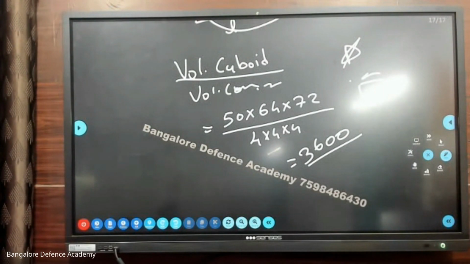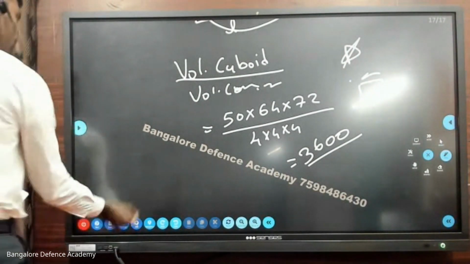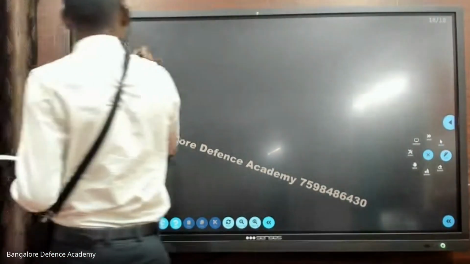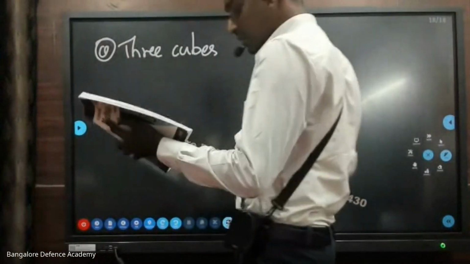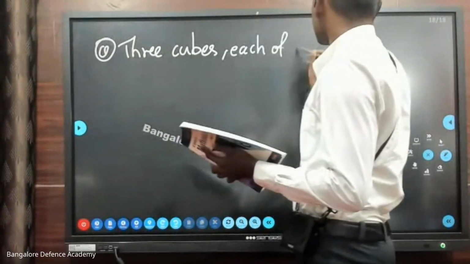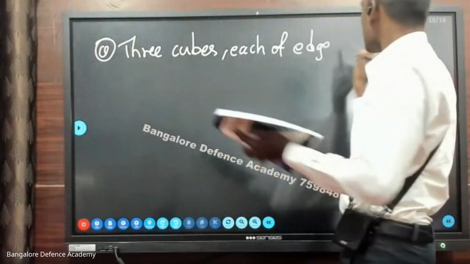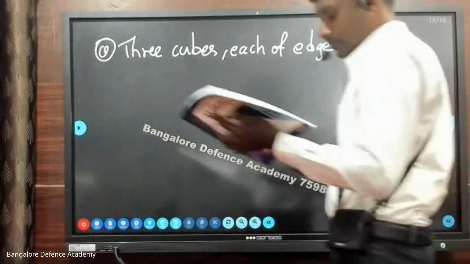Everyone got the answer? Parmesh, Sachin, Prashant, Dharneet, yeah, take it down. 3 cubes, each of edge 8 centimeter, are joined.